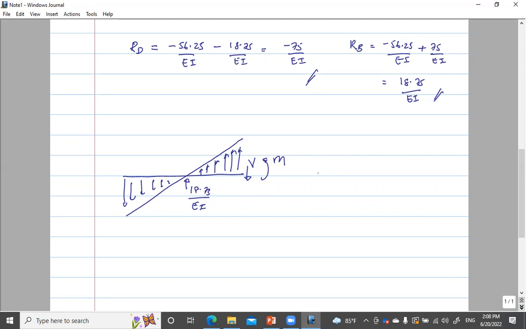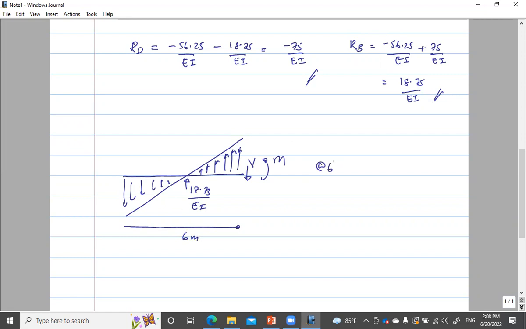So now let us take moment. The moment at this point should give me the deflection in the real beam and the shear force should give me the slope in the real beam. So now let's take, so this is at about 6 meters.